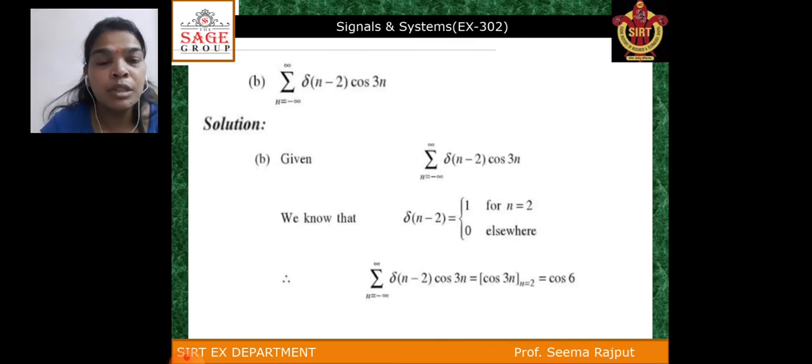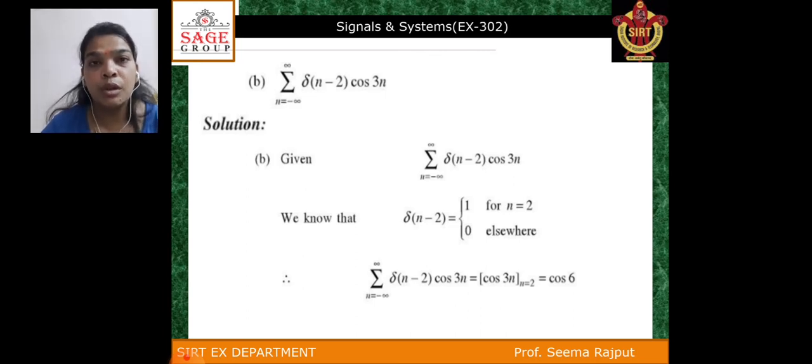The next question is the summation of n equal to minus infinity to infinity of del n minus 2 cos 3n. The same method and procedure will be used, as this question is the same as the previous one.